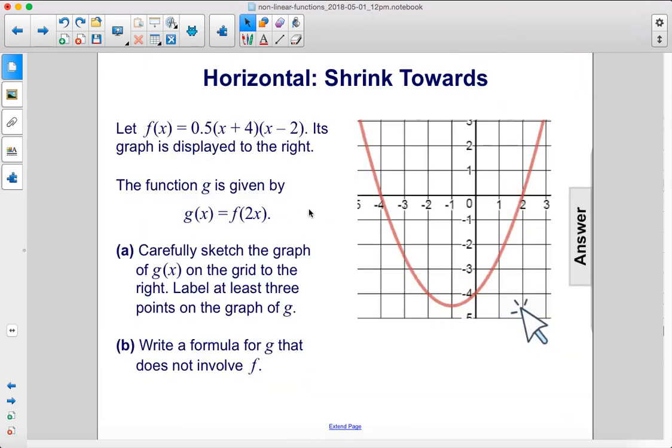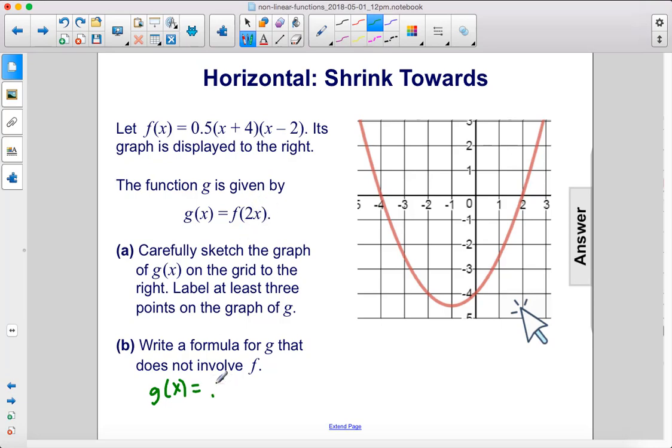Let f of x equal 0.5 times x plus 4 times x minus 2. Its graph is displayed to the right. The function g is given by g of x equals f of 2x. So we're going to carefully sketch the graph and write a new formula. So let's write our new formula. So anytime we see x in here, we're going to replace it with 2x.